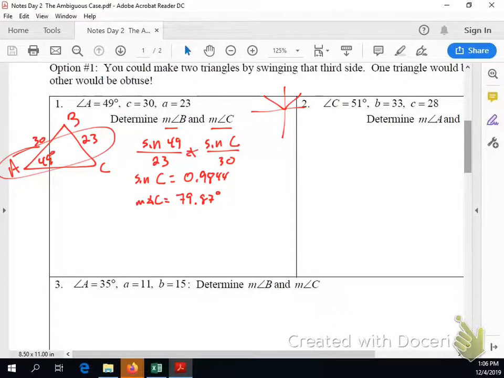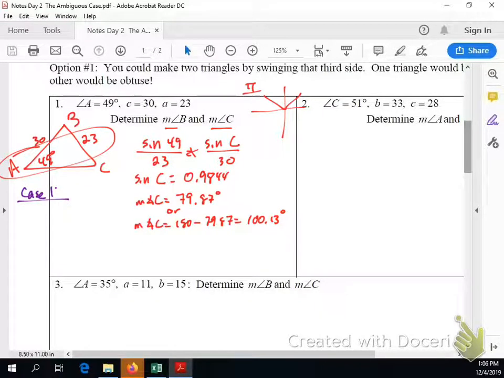To find the angle in quadrant 2, I have to say, or the measure of angle C might be 180 minus 79.87, or 100.13. So we've got two situations going on here. So we have to consider two different cases.